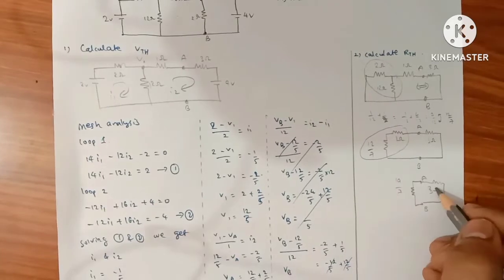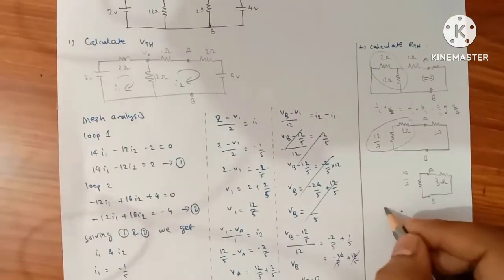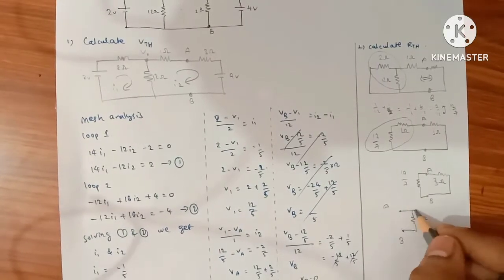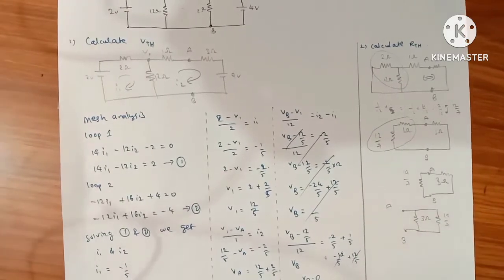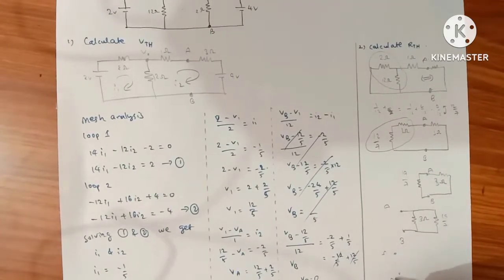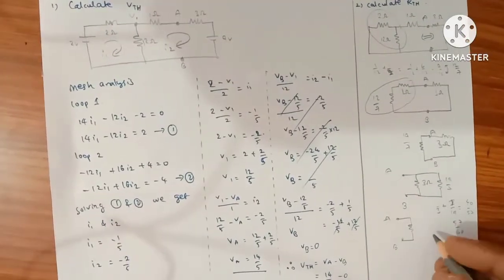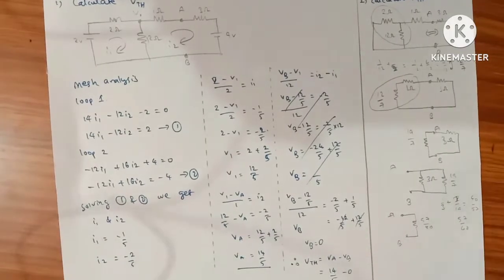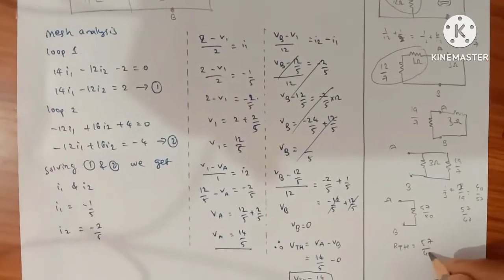If we redraw this, we get A and B, and again these two are in parallel. Then between A and B we obtain the equivalent resistance as 57 by 40 ohms. So RTH equals 57 by 40 ohms.